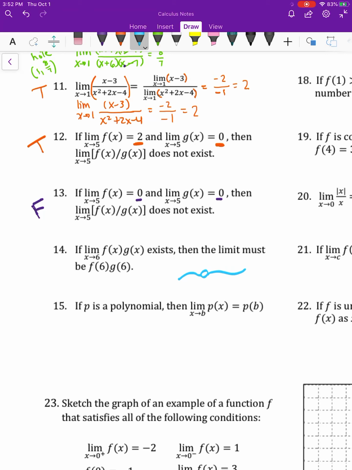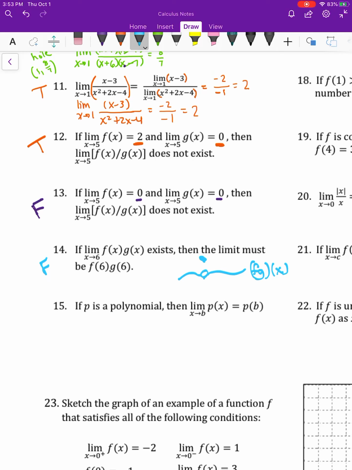Your limit can exist, but it actually has a value somewhere else for this f times g, or whatever, f and g could both have a value. But this is going to be false because just because the limit exists does not mean that the function's value is that number, okay?